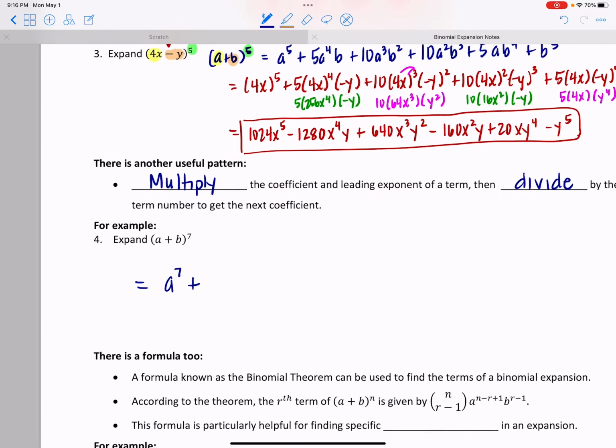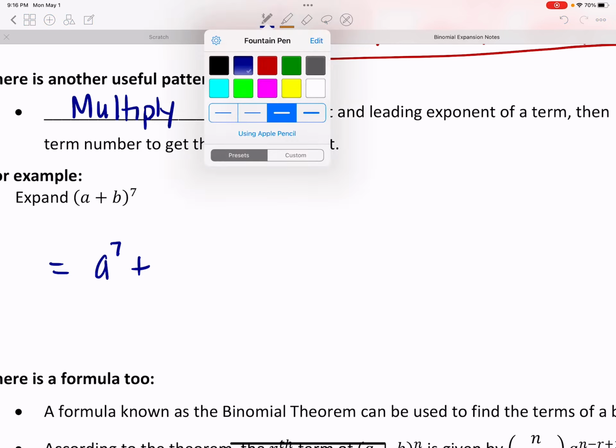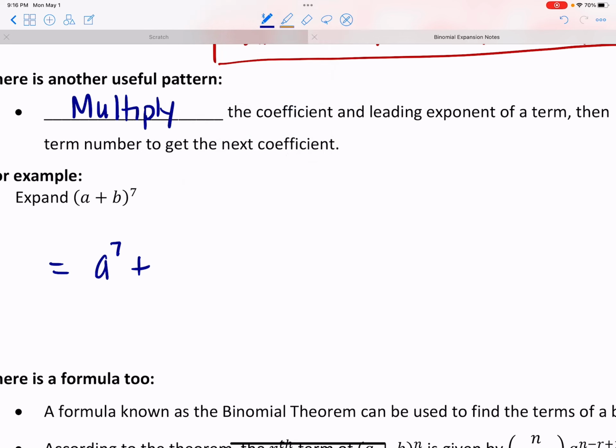But even if you didn't, here's what I'm going to show you for this new pattern. If I multiply my coefficient and my leading exponent, in this case their only exponent, and then divide by my term number, I will get the next coefficient. So what I'm saying to multiply is my coefficient of 1 and my exponent of 7. So 1 times 7 is 7. And then I divide by the term number. This is the first term, so the term number would be 1. So 1 times 7 is 7 divided by 1 is still 7.